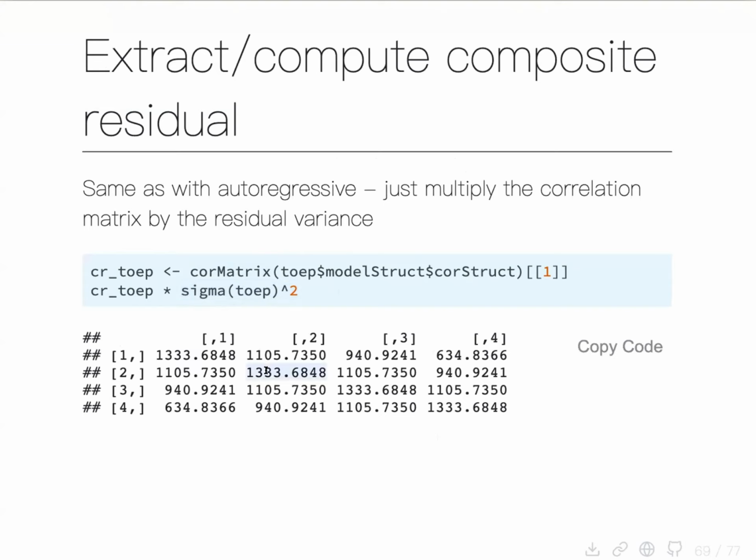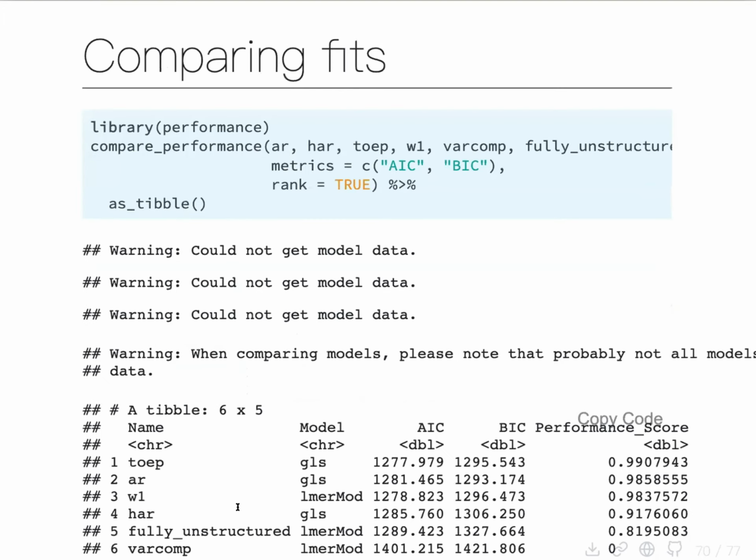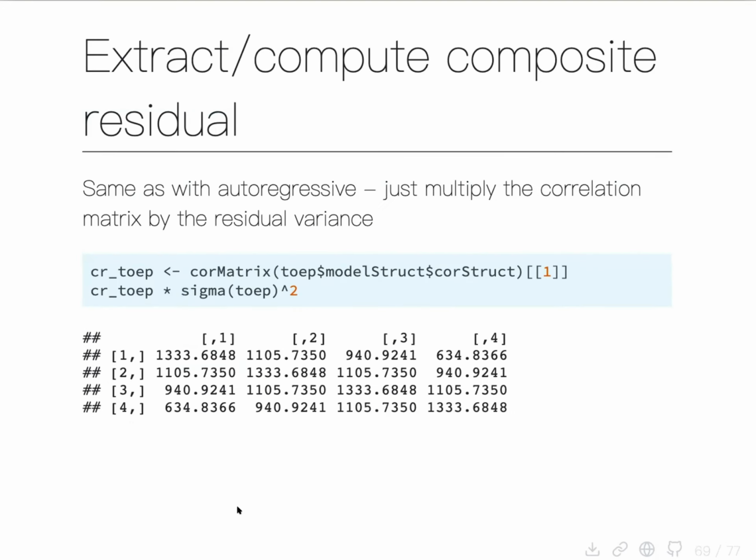So notice we have the same variance, and we have band diagonals, just like AR1. But in this case, this rate of decay is not assumed to be the same over time. So the change from this variance to this one is estimated, and then the decay from this one to this one is estimated, and the one from this one to this one is estimated. Okay, does that make sense?